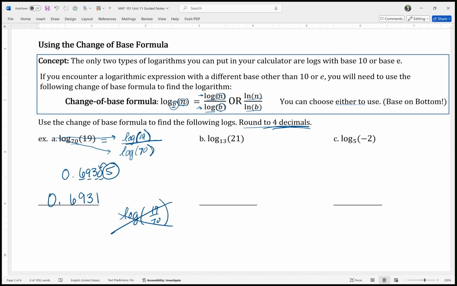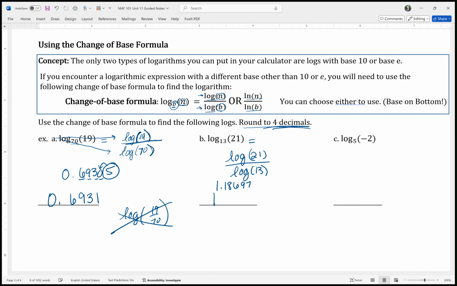We've got log base 13 of 21. So again, we're going to do log of 21 divided by log of 13, base on bottom. And then we're putting that in the calculator. So log of 21 divided by log of 13. This is going to give me 1.18697.